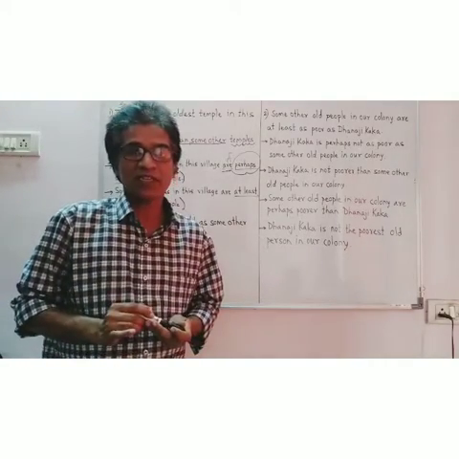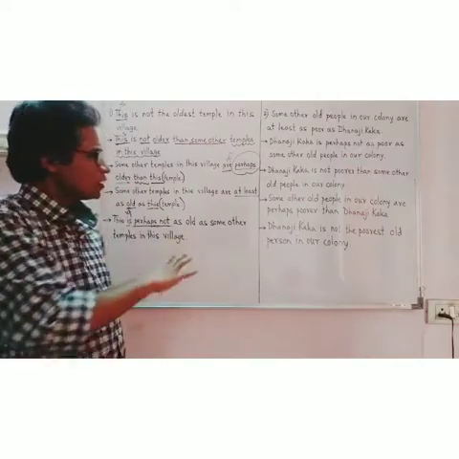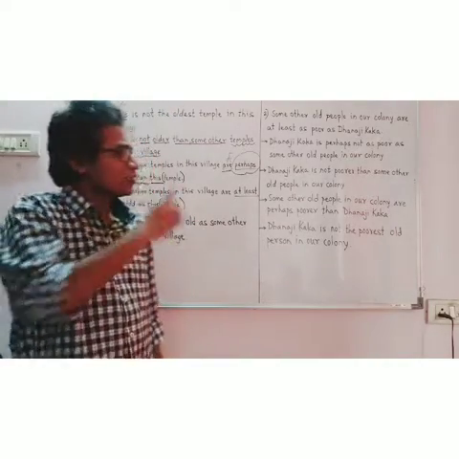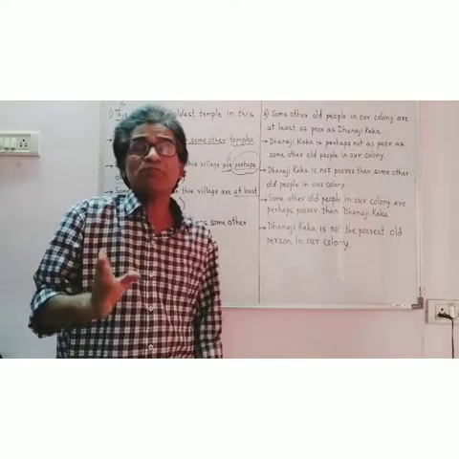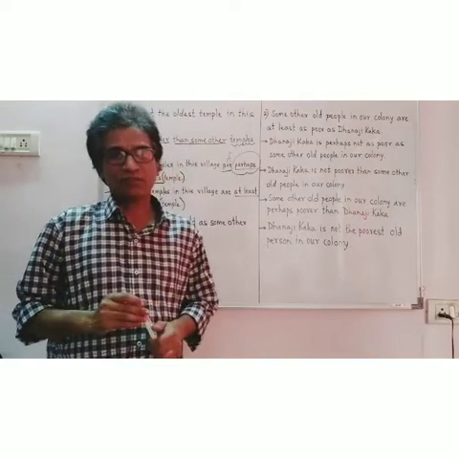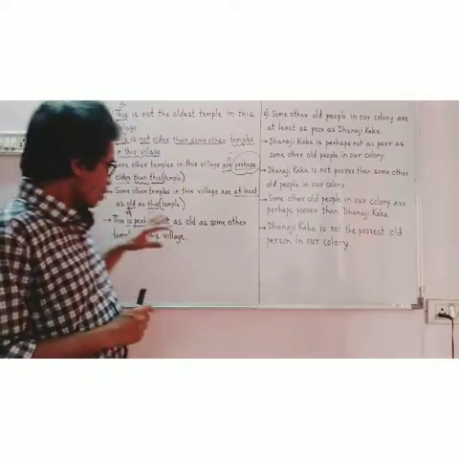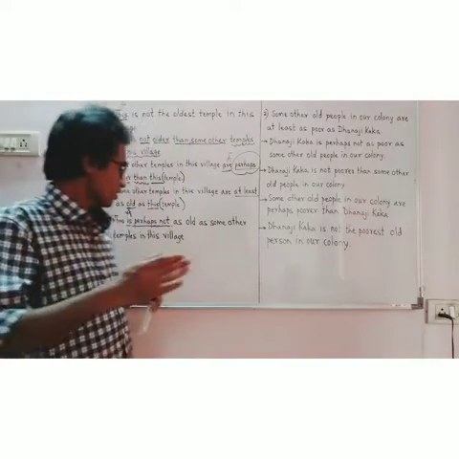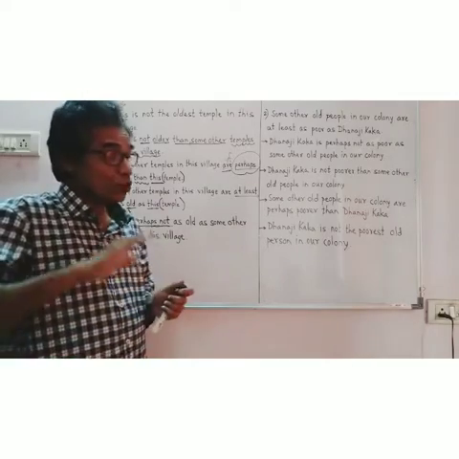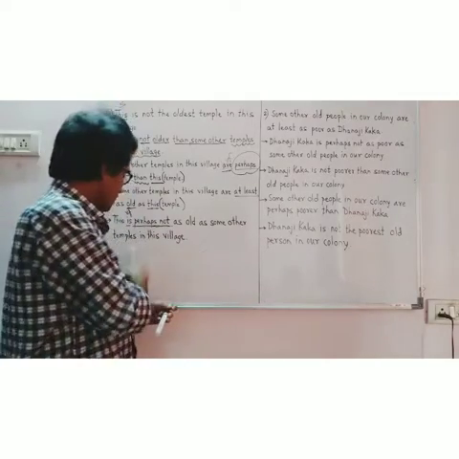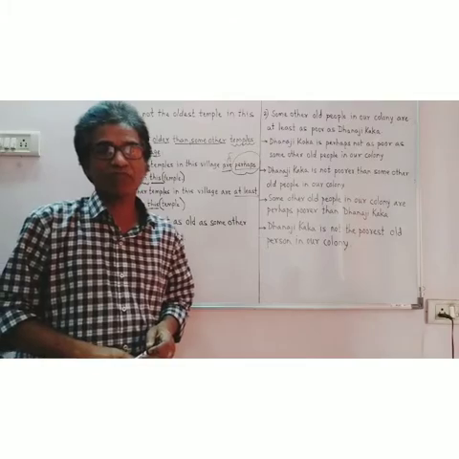This must come, because these are the words which make the structure clear and which make the meaning also clear. So you have to note down these words when you are learning. So this is perhaps not as old as some other temples in this village.